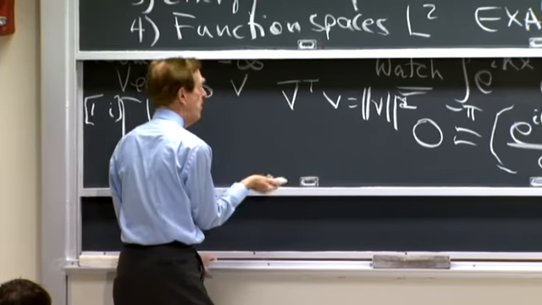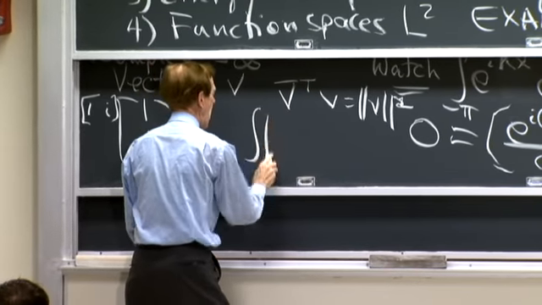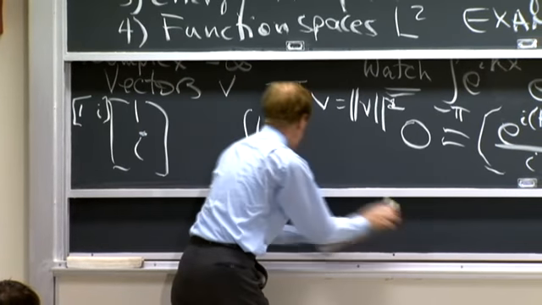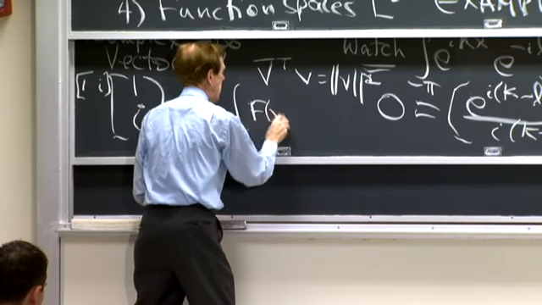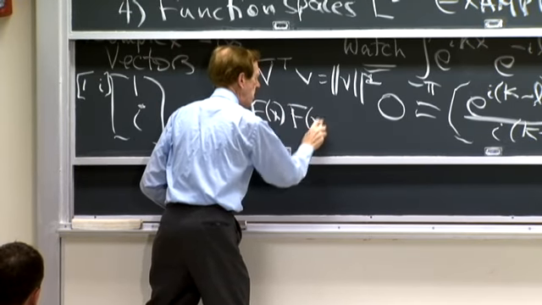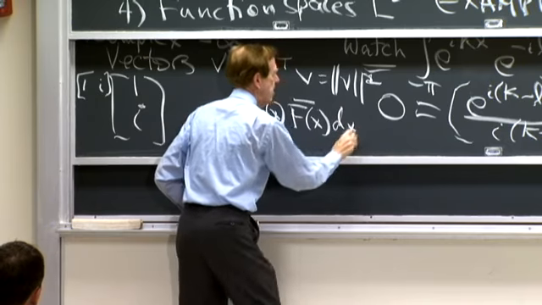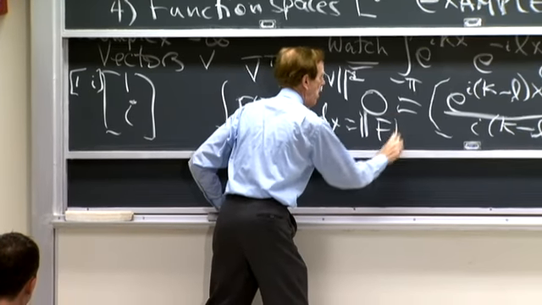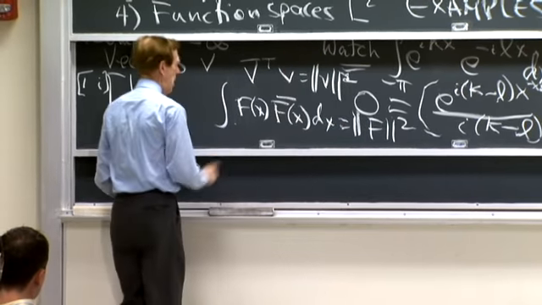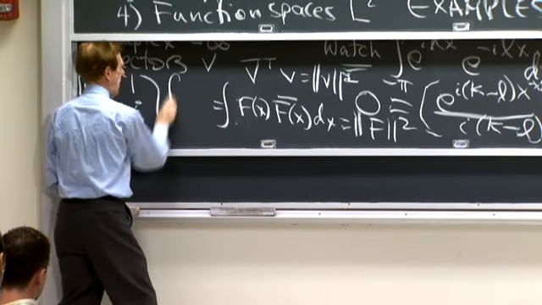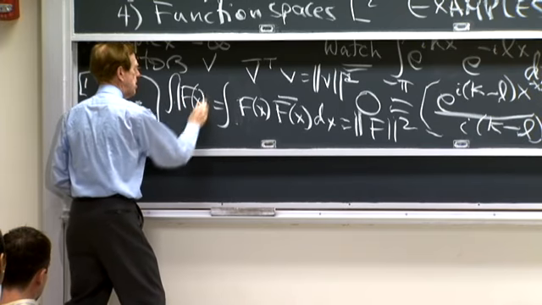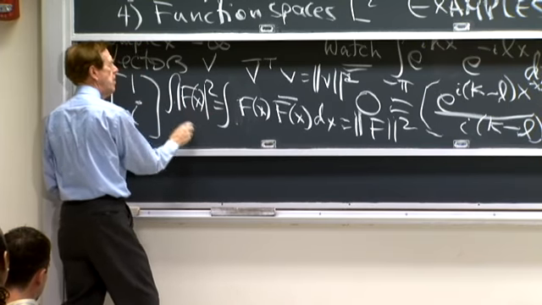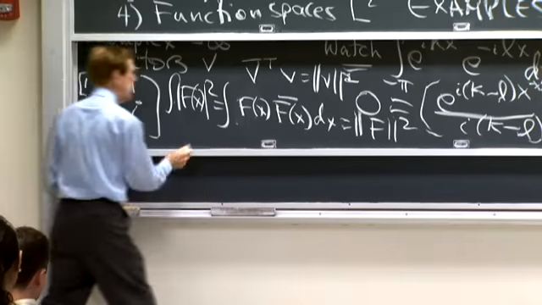And it's the same thing for functions. It's the integral of f of x times its conjugate that gives me the length of f squared. We have this handy notation for f times its conjugate.